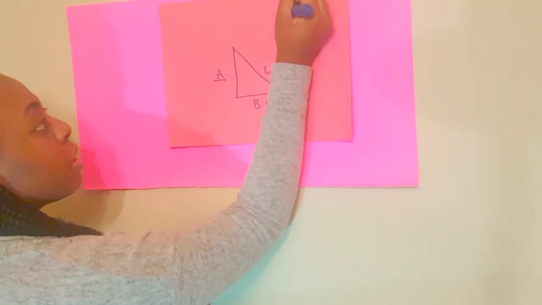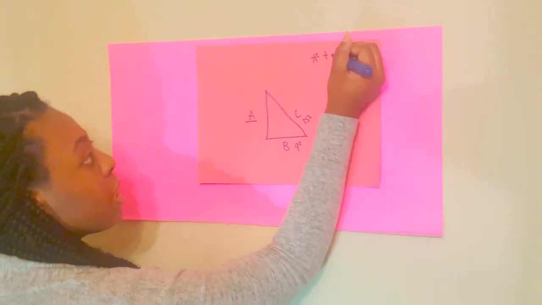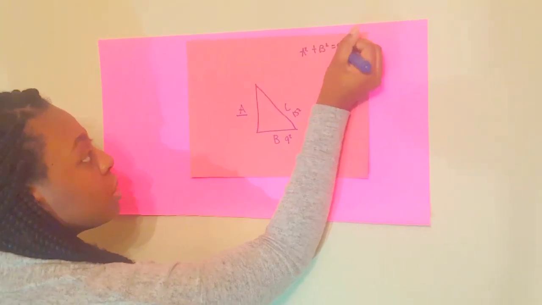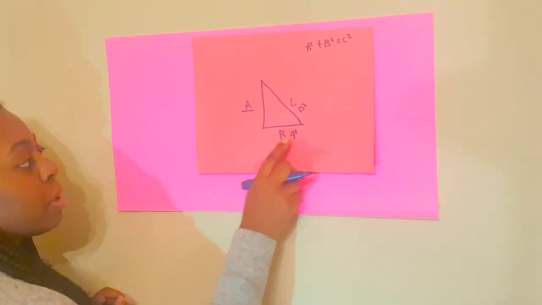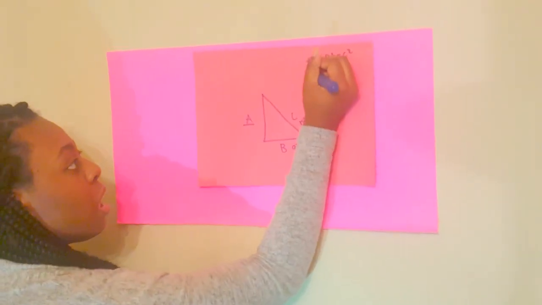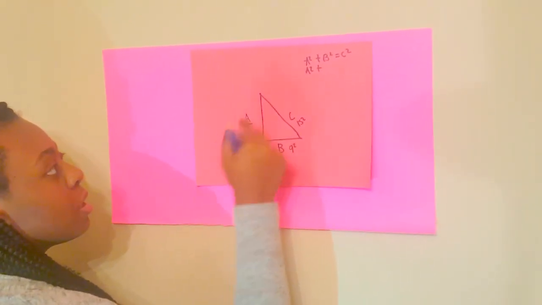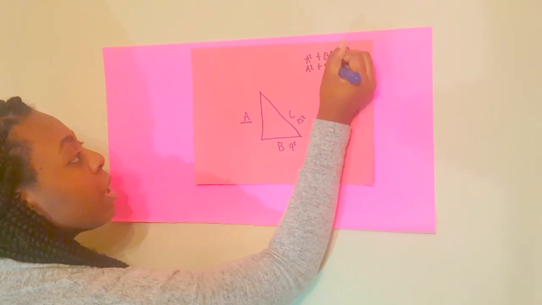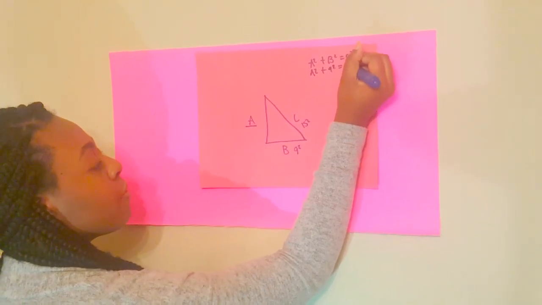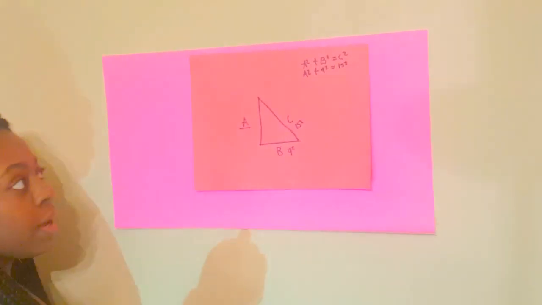So we would do A squared plus B squared equals C squared. Okay? Now we can plug in our numbers. A squared, because we're trying to find what it is, plus 9 squared equals 15 squared. Okay?